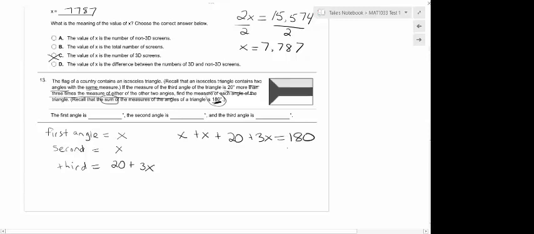Okay, so why don't you guys try to solve it from here? See if you can find X and then plug back in X to figure out your angle measures.